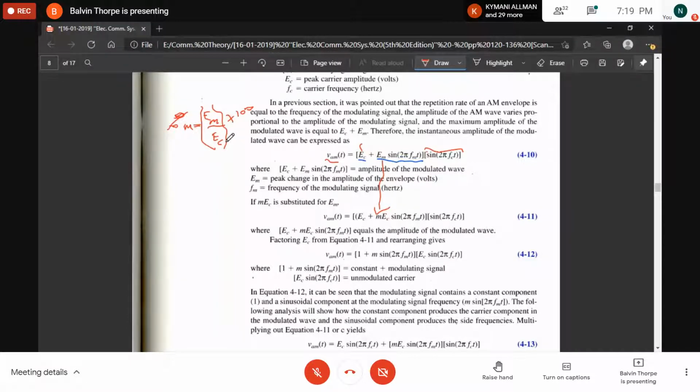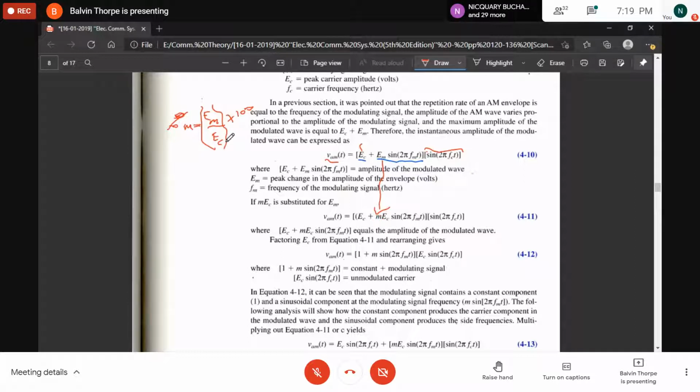And that's supposed to be a fraction, because the carrier amplitude is supposed to be a bigger value, protecting the smaller value of the information signal. So that's why EC will always be larger than EM. So it gives you a fraction.